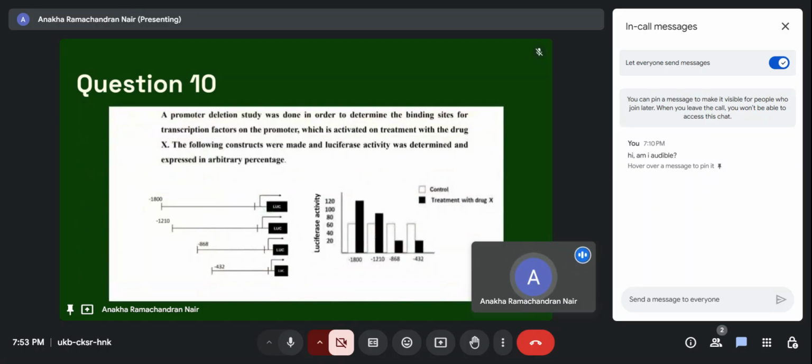Option D was that the region between 1210 and 868 also contained a binding site for an activator, right?